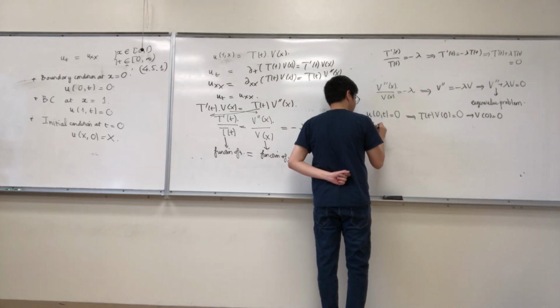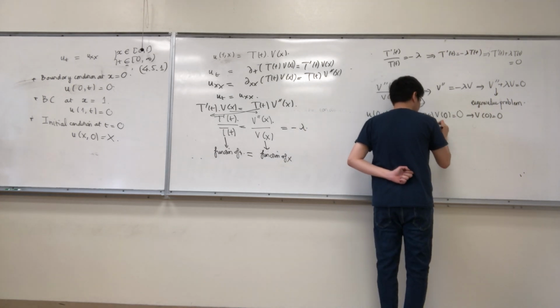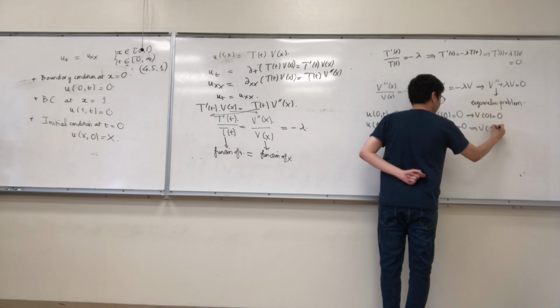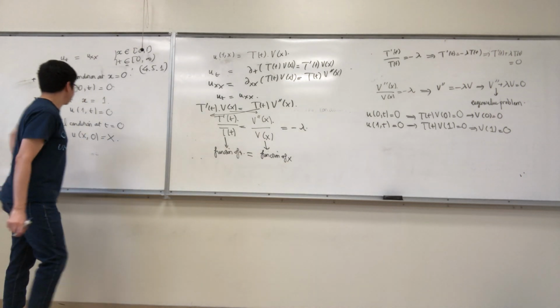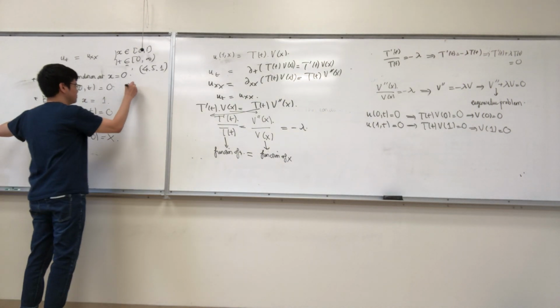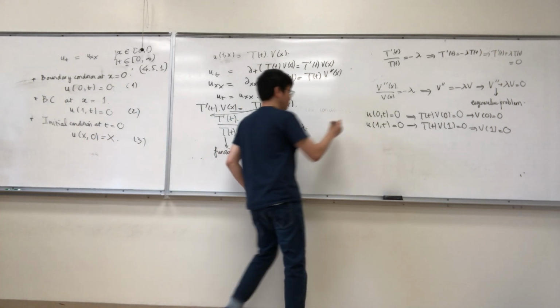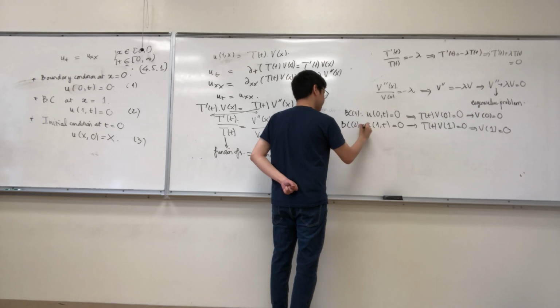So you have u(1,t) is 0, which means that T(t) v(1) is 0, which means that v(1) is 0. All right? So this is boundary condition 1, this is boundary condition 2, right?